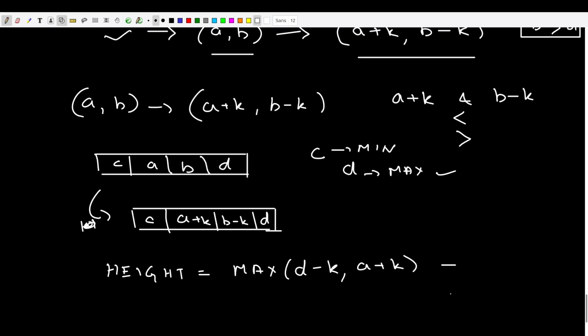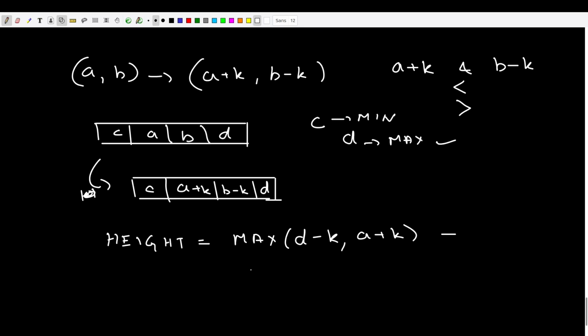And the second one is basically, the height was what? Maximum of this and minimum of this, right? And what is the minimum here? Well, the minimum we know is c, and so the minimum is of c plus k, again, and b minus k here.